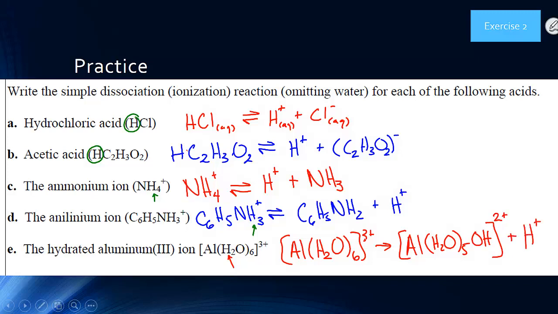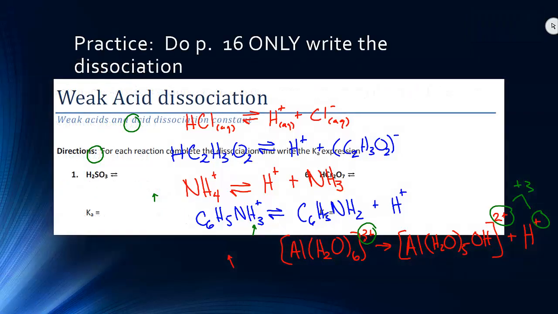This one's a little complicated. Notice that there's a conservation of charge on both sides. You won't get something that complicated, most likely, on your AP exam, but just in case you ever see it, there's an example of a complex ion and its dissociation.